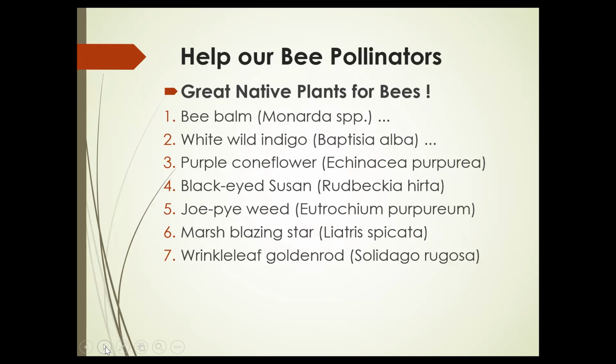MaryJo mentioned some of these. This is a list you can take with you. I think there is another slide somewhere which has all 20 of the woody species and the number of lepidopteran that they support. For example, number 20 on the woody plants will support 125 versus number 1, which was 534 lepidopteran.